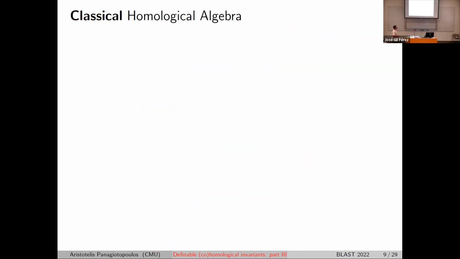In the classical setup, before we talk about the definable setup, one may start with a short exact sequence of cochain complexes. Now, let me remind you, whenever I'm saying exact, what do I mean?